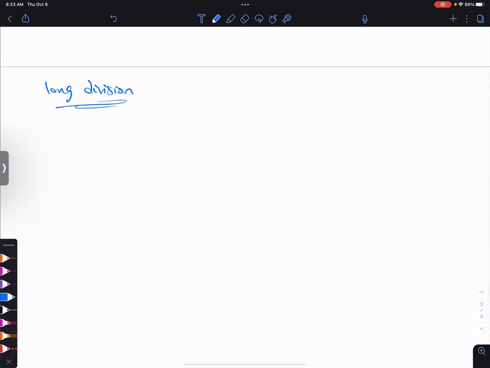How do you divide numbers? Say I want to divide 3 into 47. What do we do? Look at how that goes into that. 3 goes into 4 once.